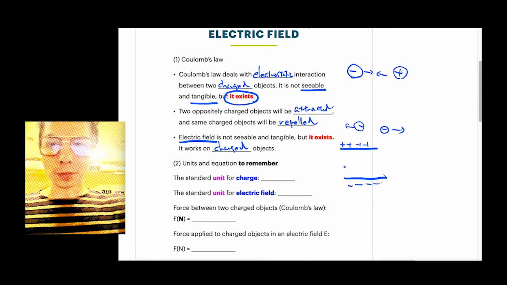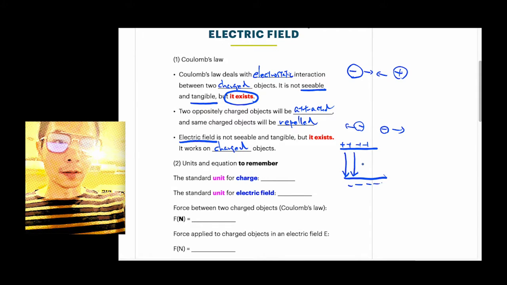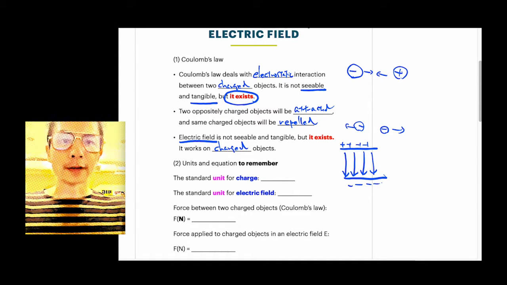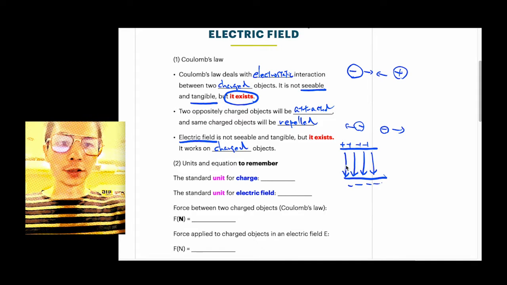In this type of setup, the electric field goes from positive to negative. So you're going to have this type of field, which is called an electric field. So this is the definition.